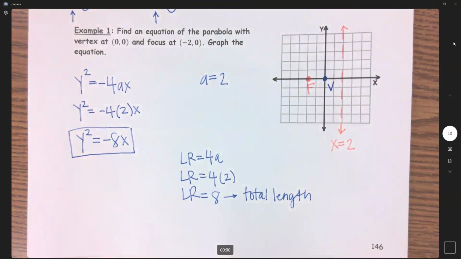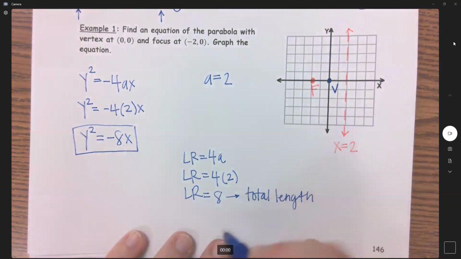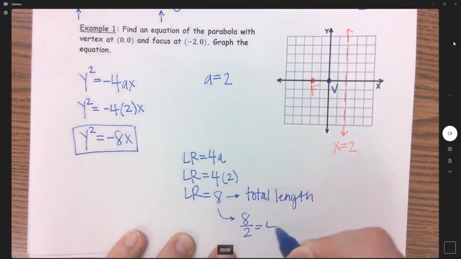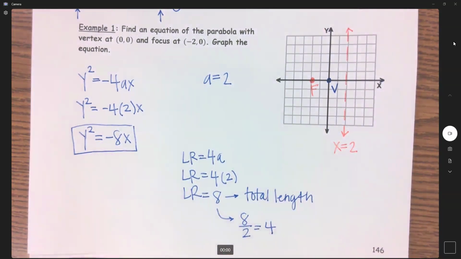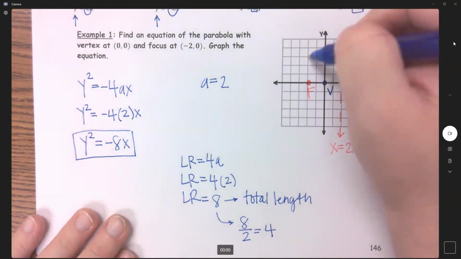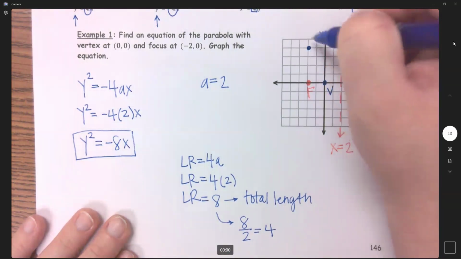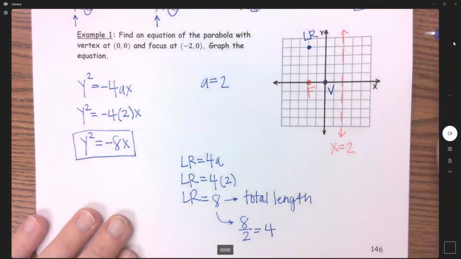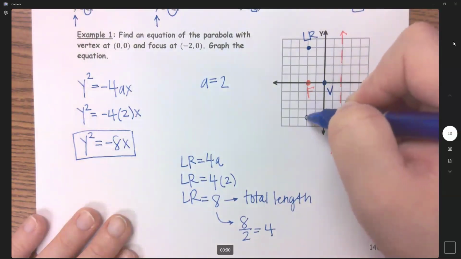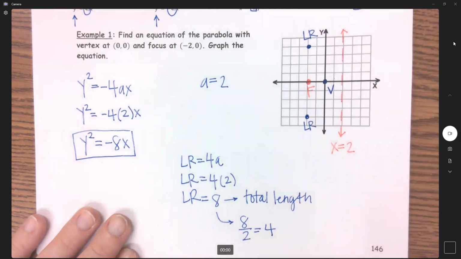So what I want to do is take this number and divide it by 2 to tell me how many to go in each direction that will give me that total distance of 8. So from my focus, I'm going to go up 1, 2, 3, 4 points. Here is my first LR point, and I will go down 1, 2, 3, 4 for my second lattice rectum point.